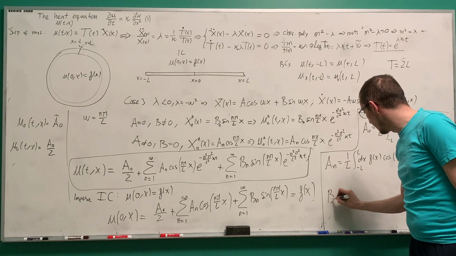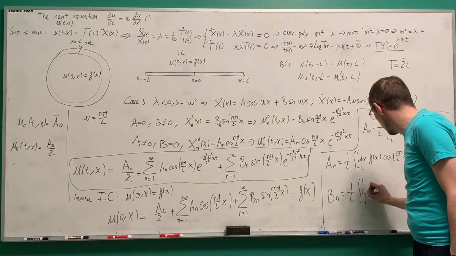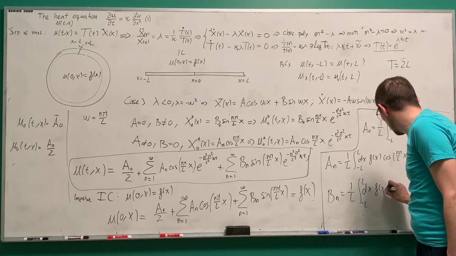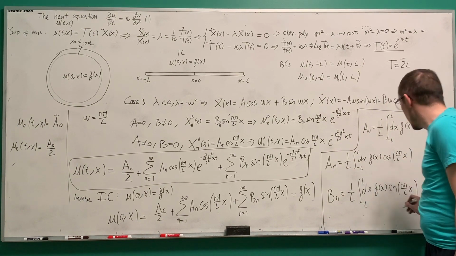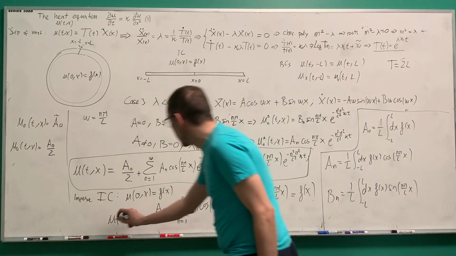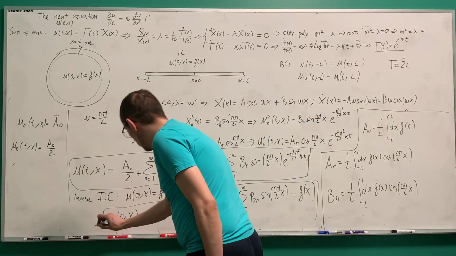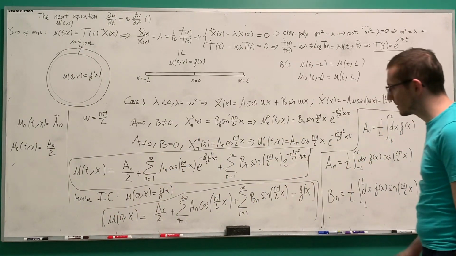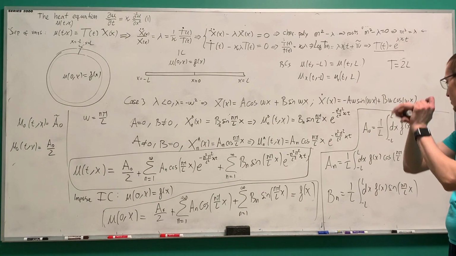And finally, the b_n's are 1 over L, integral from minus L to L, dx f of x sine n pi over L x. After computing these coefficients, you substitute in here, and that would be the final, the complete solution to the equation. All right? That satisfies that initial condition and the periodic boundary conditions.